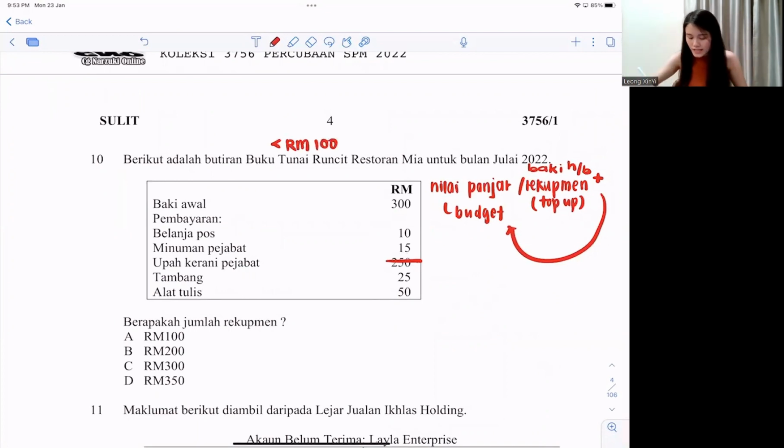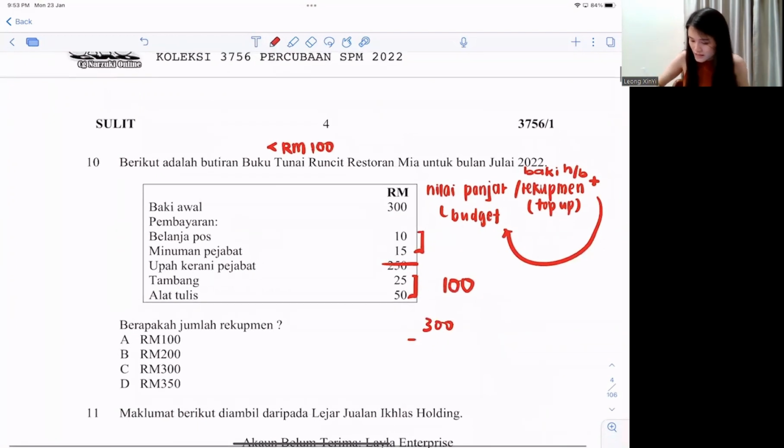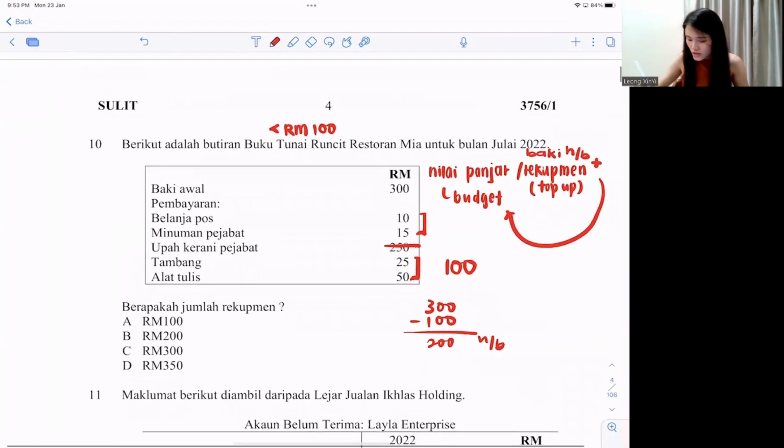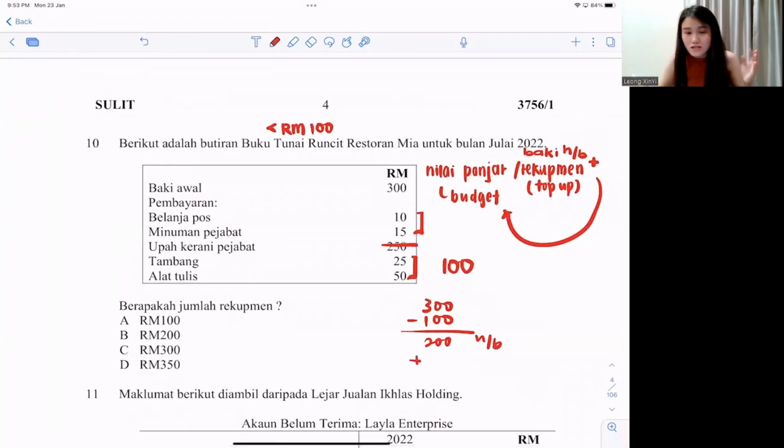Okay, so we take everything up. 10 plus 15, 25, 100. Everything, these two added together is 100. So when 300 minus 100, this 200 is your baki HB. So how much more do you have to add back in order to get it back to 300?